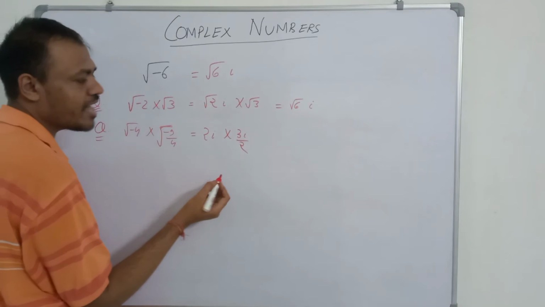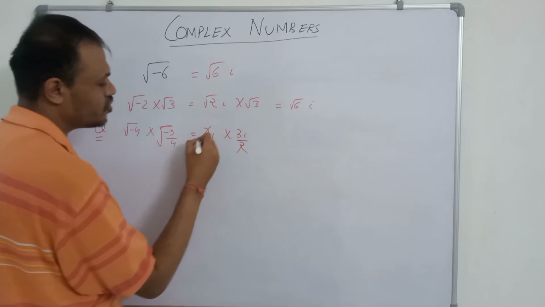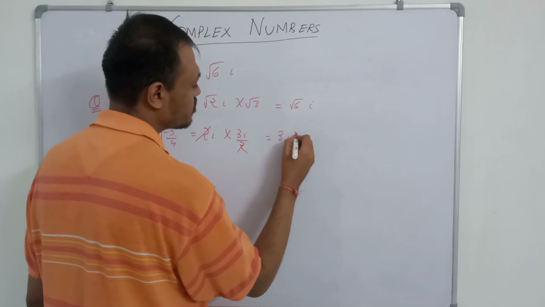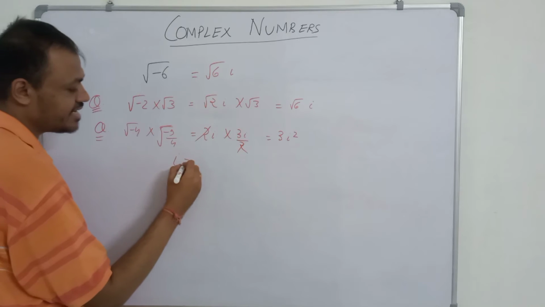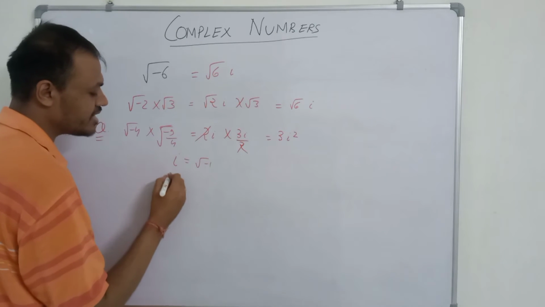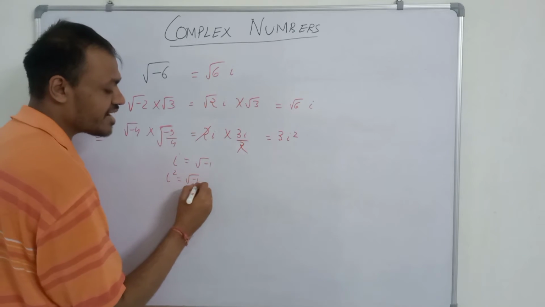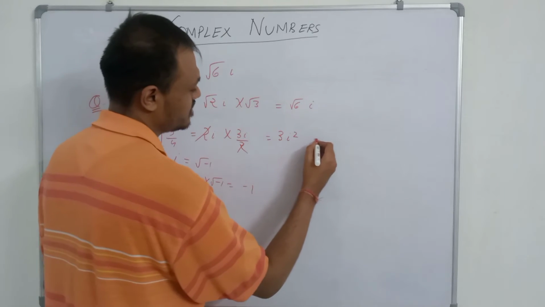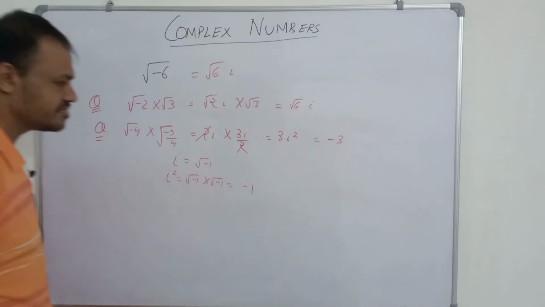If we multiply, the 2 and 2 get cancelled, and it will be equal to 3 iota square. Now iota is under root of minus 1, so iota square will be equal to under root of minus 1 into under root of minus 1, which is minus 1, so this will be equal to minus 3.